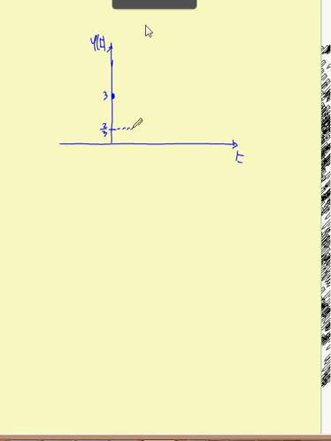And the function will be something like this. Okay, this is not correct, but y star implies that this is negative.